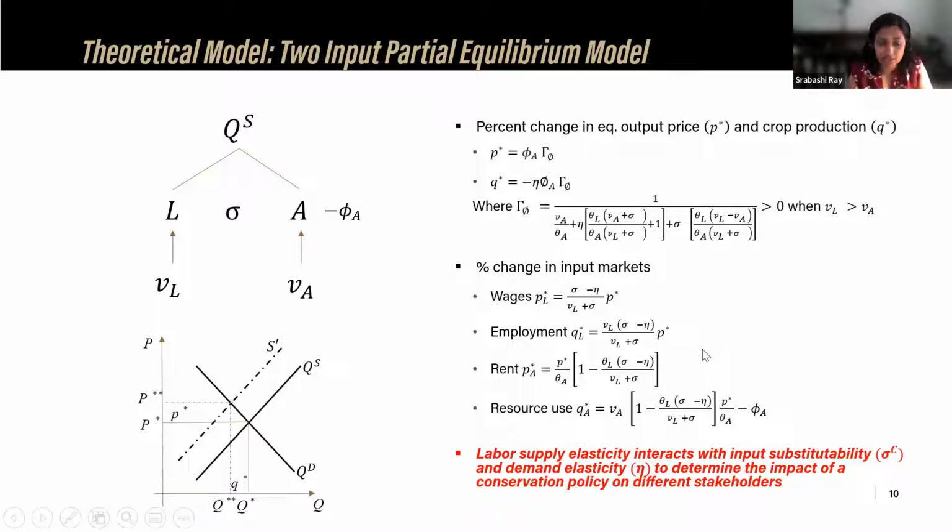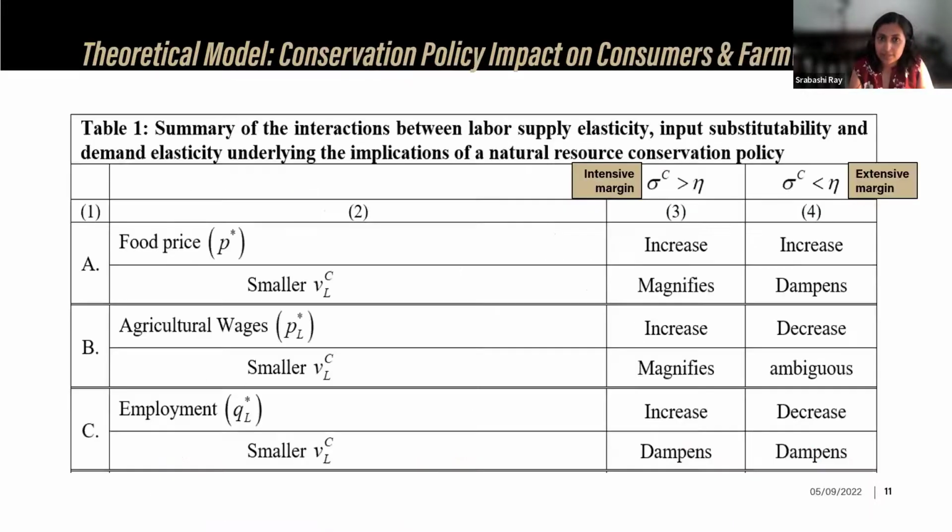So we need to get a better hold on the VL parameter, given the evidence that I showed before that agricultural labor supply elasticity has been declining in the recent decades.